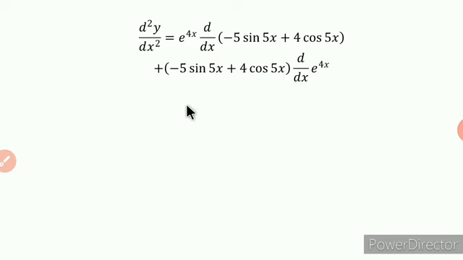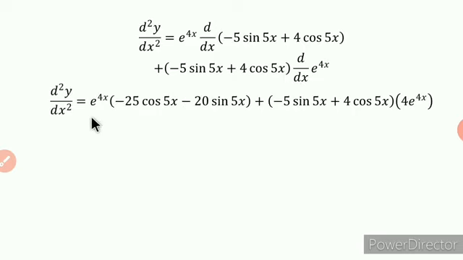So now we get d square y by dx square is equal to e raised to 4x multiplied by minus 25 cos 5x minus 20 sin 5x, plus minus 5 sin 5x plus 4 cos 5x multiplied by 4 e raised to 4x. Now again we observe that from both the terms we can take e raised to 4x as a common factor.